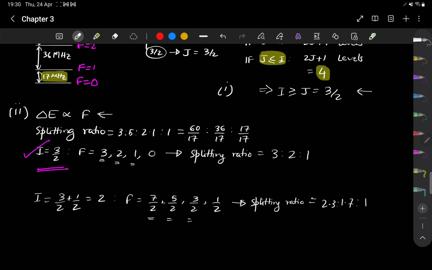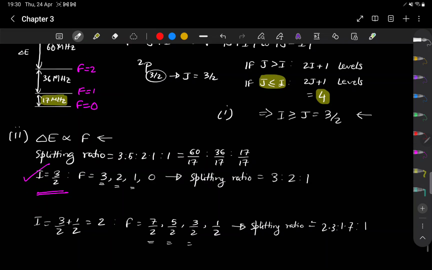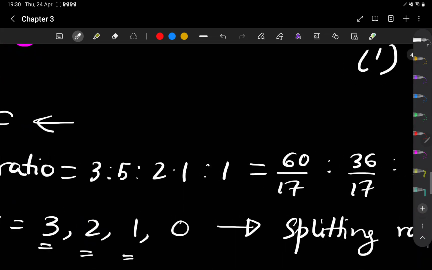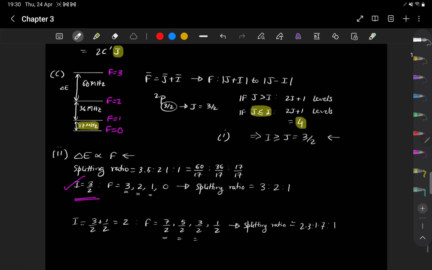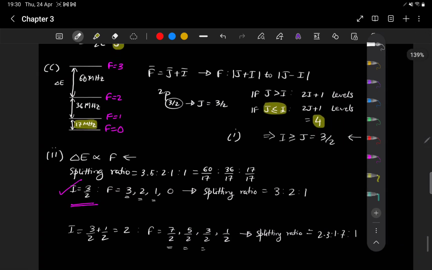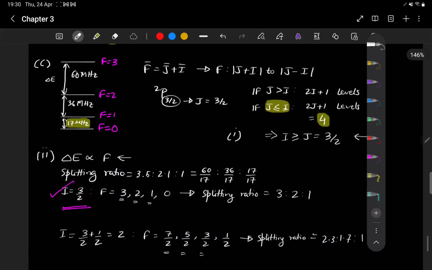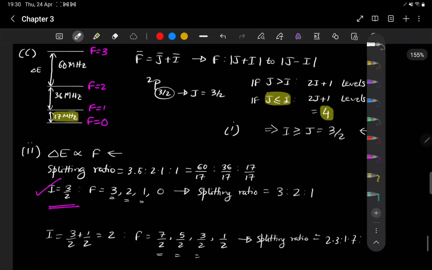So similarly, 7 by 2 divided by 3 by 2, 5 by 2 divided by 3 by 2, and 3 by 2 divided by 3 by 2, that is 1. 5 by 2 divided by 3 by 2 is 1.7, and 7 by 2 divided by 3 by 2 is 2.3. You see that this ratio is very much off from the experimental ratio of 3.5 is to 2.1 is to 1, so this cannot be the best fit value for I.